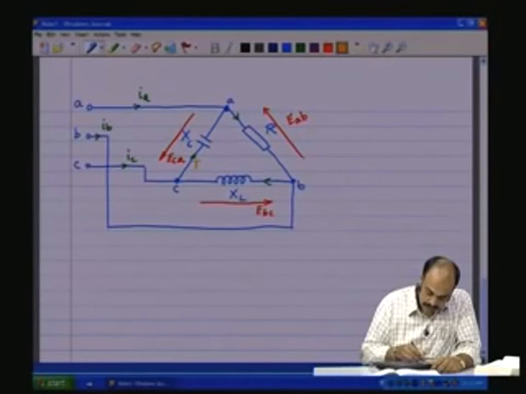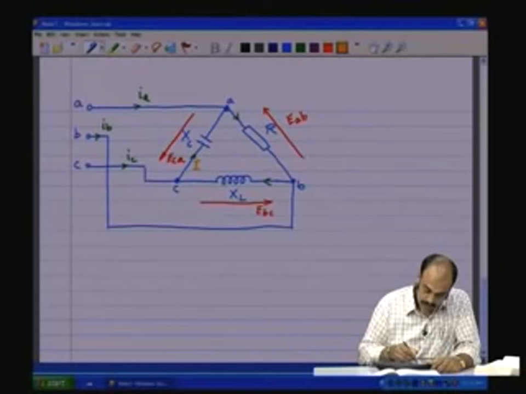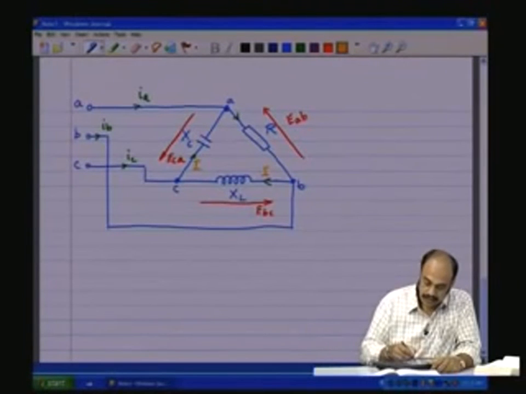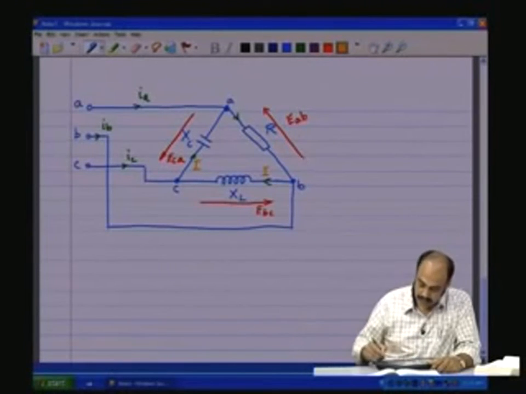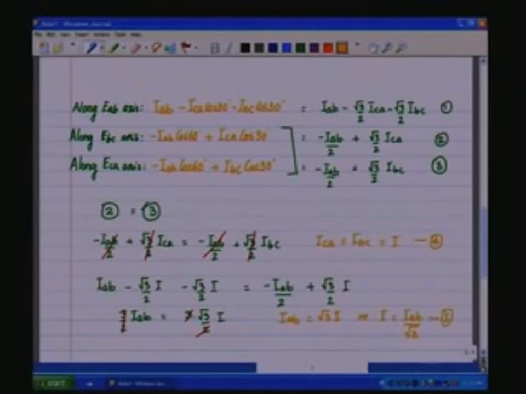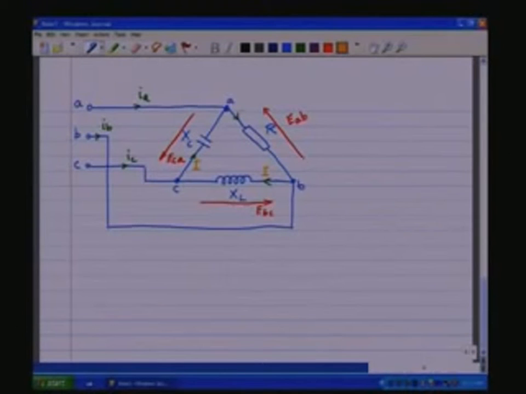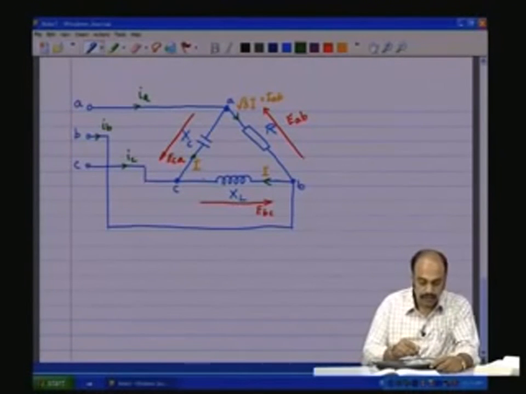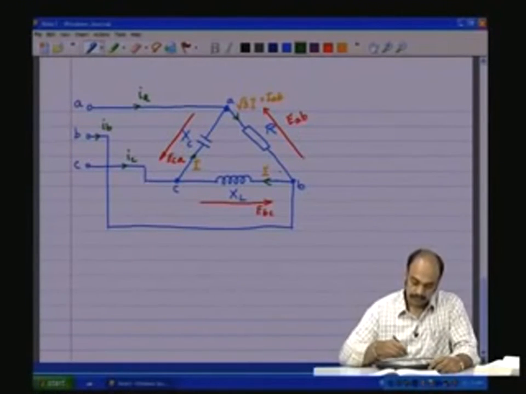So, here I is flowing, here also we are having I, and here we are having I_AB, which is root 3 times I. This is I_AB. So, now we can find out what should be the reactance which will give this kind of a solution.